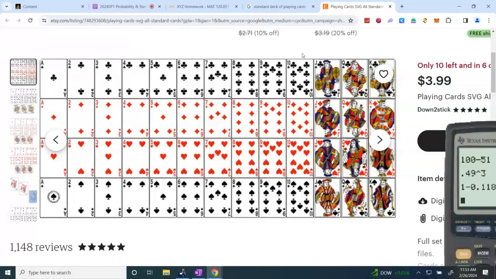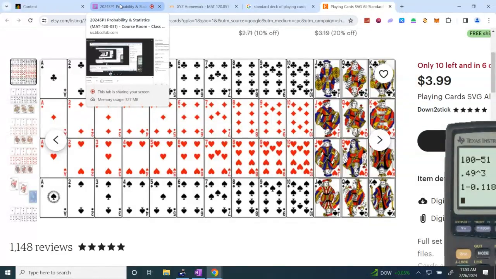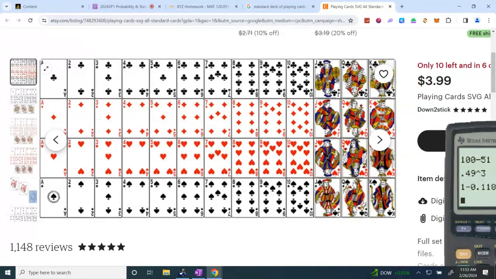It's in both of those categories, right? So for this problem, we must use the addition principle, right? We didn't use it in the marbles because we didn't have any red-white marbles. Everything was just red or everything was just white. In this particular case, we have clubs, we have jacks, but one of those is a jack and a club, so we have to take out that probability. We've got to subtract it out. So for this one, we're going to use the addition rule.